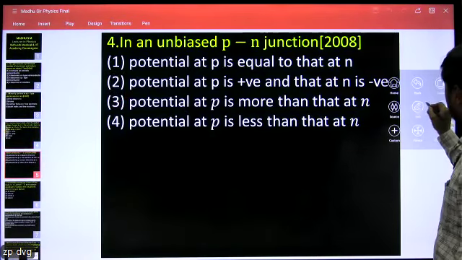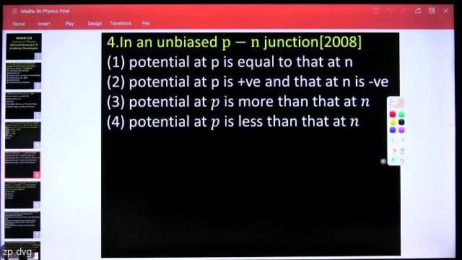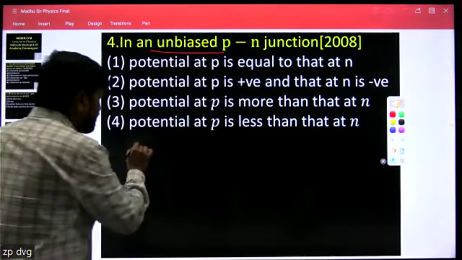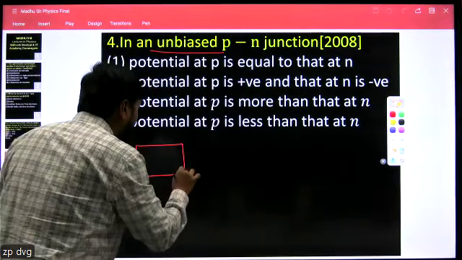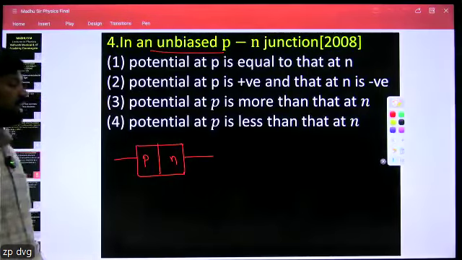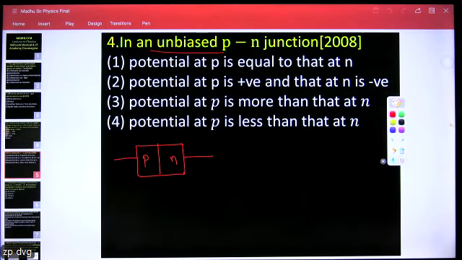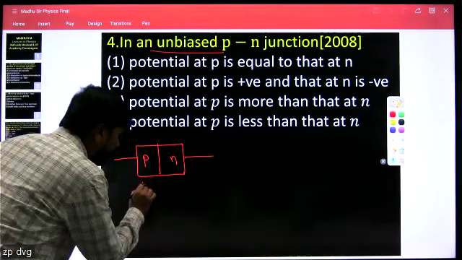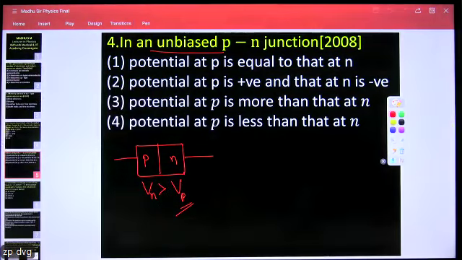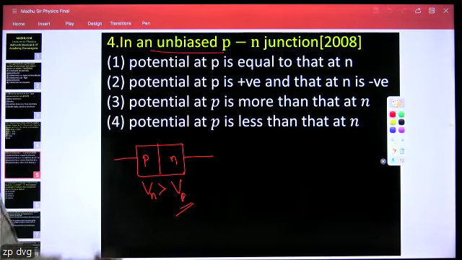Unbiased. This word is important. Unbiased PN junction means there is no connection of external battery. There is a P side and an N side, and there is no external battery connection, so we call it unbiased. Then potential at P side is less than potential at N side. Potential at P side equal to potential at N side is wrong.